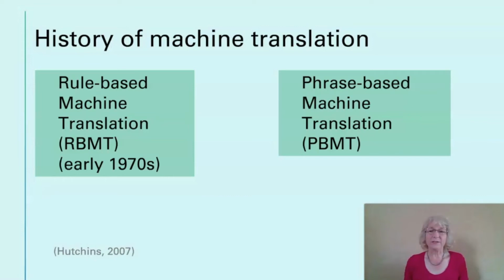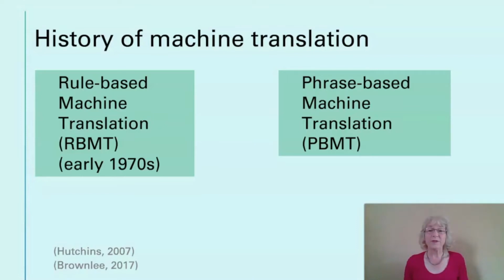Phrase-based machine translation was based on the analysis of data from parallel text collections. The selected phrase is chosen as the most statistically probable match. Training data was taken from parallel corpora, bodies of parallel text, such as documents from the United Nations, the Canadian Parliament, and the European Union.